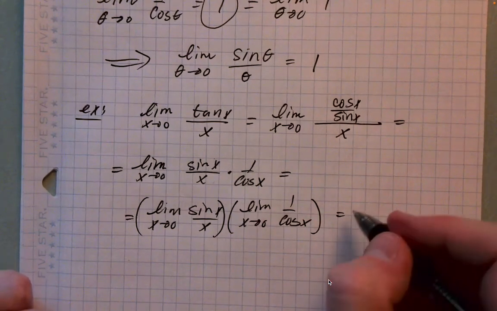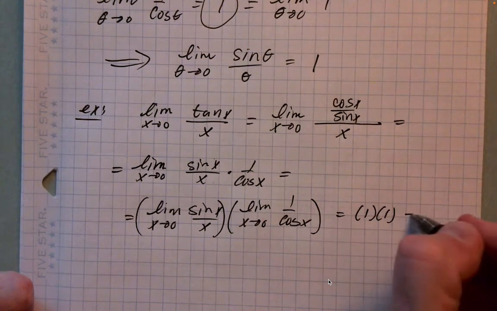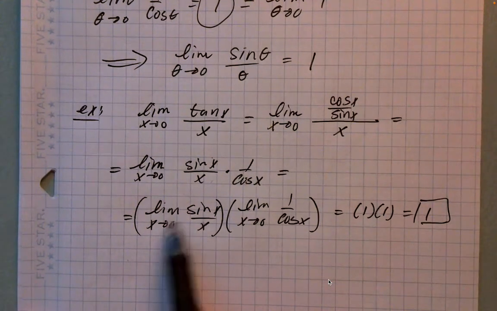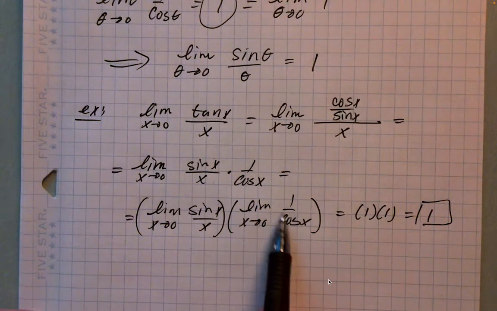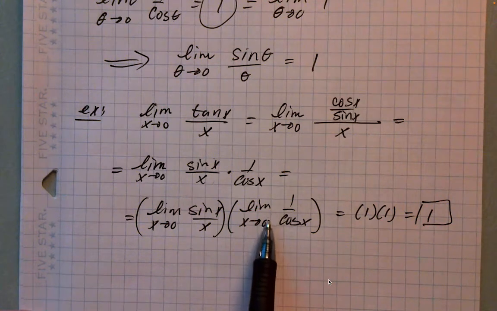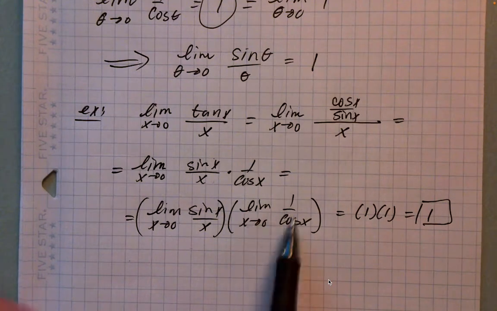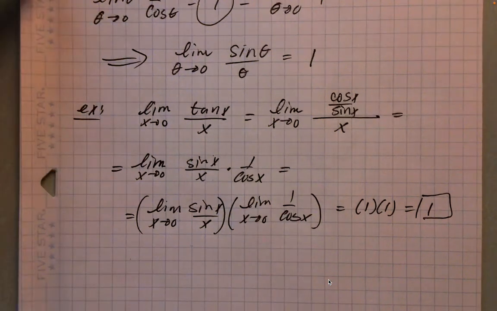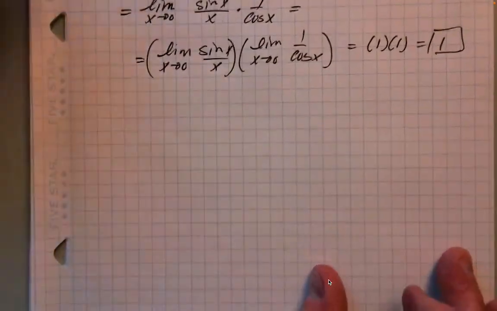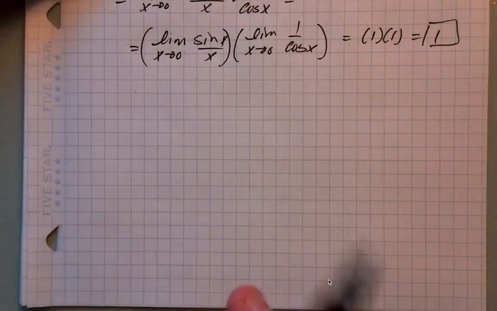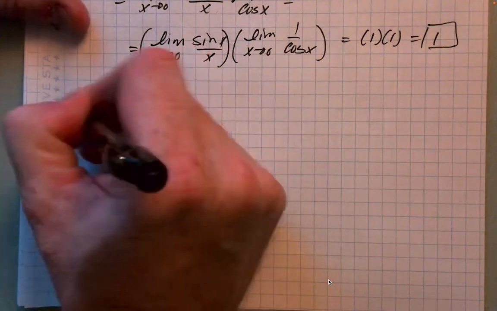All right, and of course 1 times 1 equals 1 for that one. So this one is one we just proved. This one, we actually looked at indirectly as part of the previous proof, but it's just a straightforward plug-in. And then one more. Let's take a look at one more example.